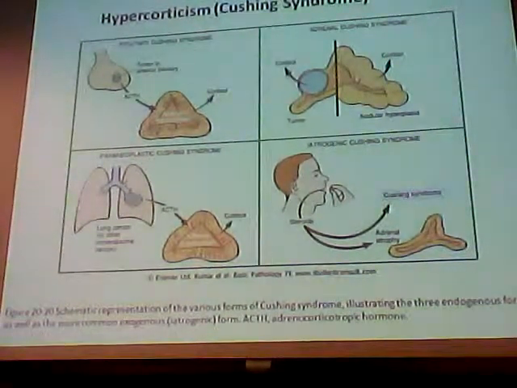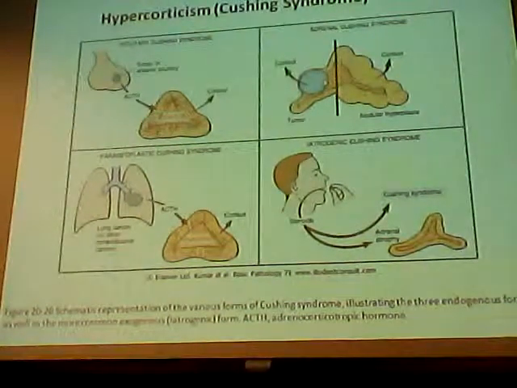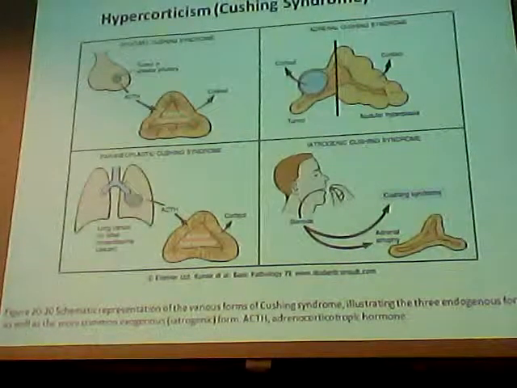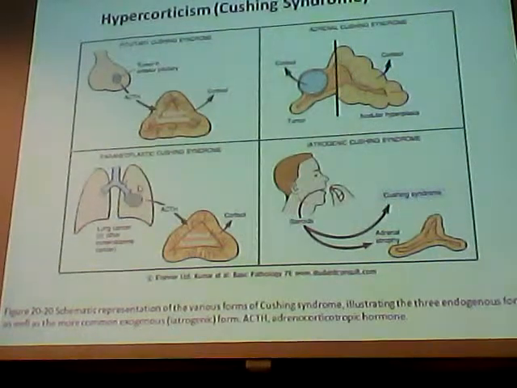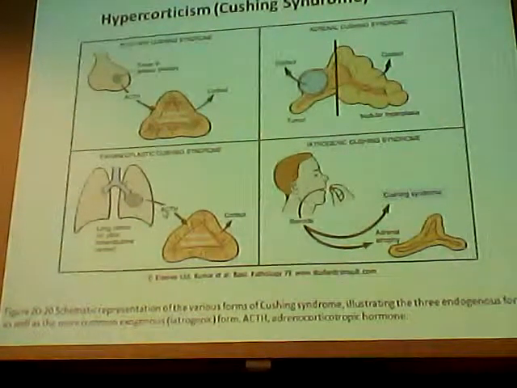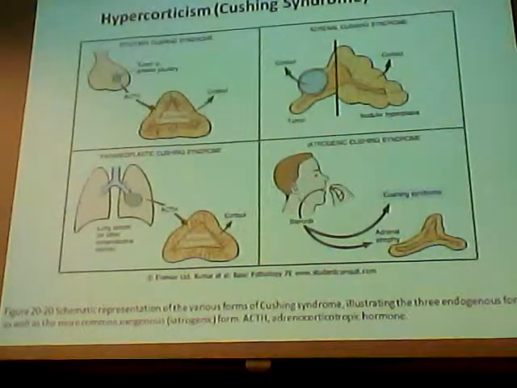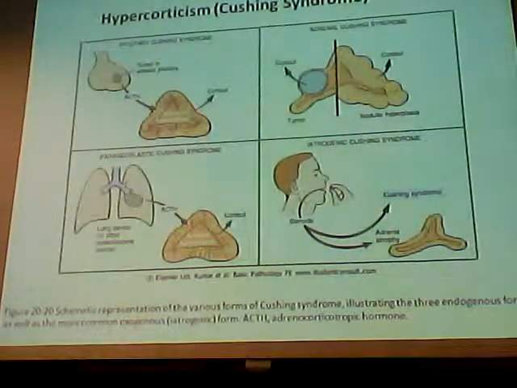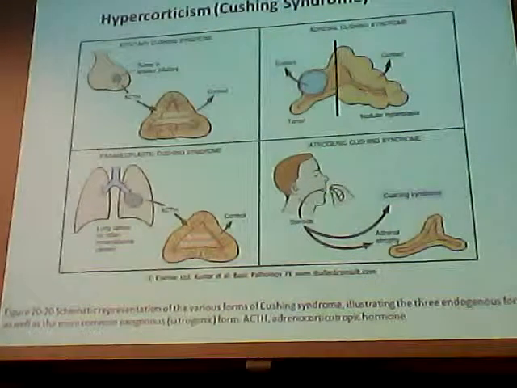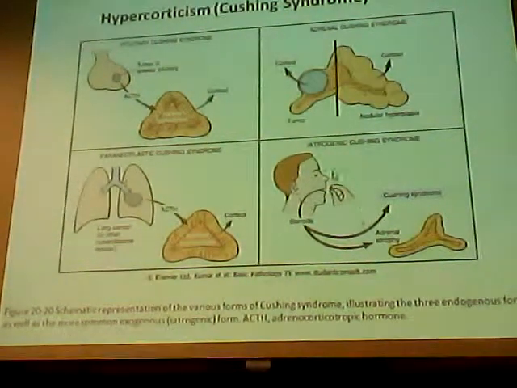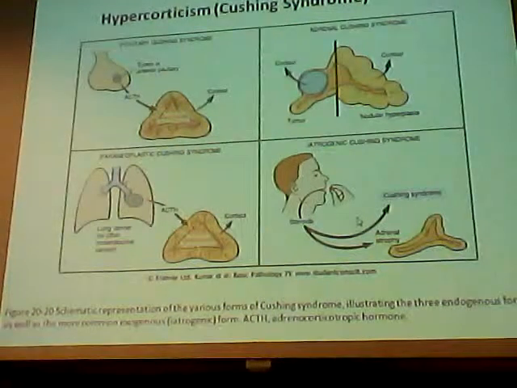The adrenal Cushing's syndrome here is not much ACTH, but a lot of cortisol. The paraneoplastic is where you get ACTH secreted from an ectopic cancer, let's say the cancer is in the lungs, and it tells the cortisol to secrete. Or you could have iatrogenic, so that's caused by a drug, caused by a doctor.